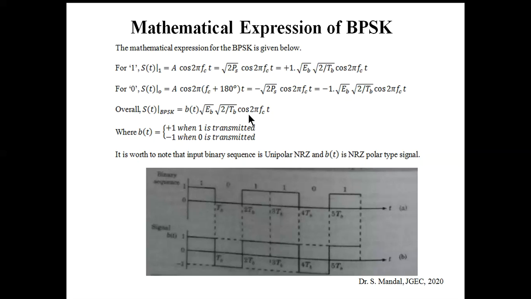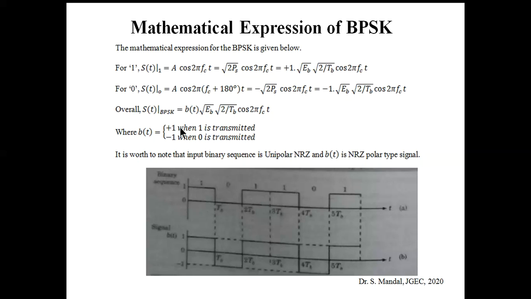So our initial objective to draw the signal space diagram is to identify phi 1(t), or it may be phi 2(t). That means we need to identify some orthonormal real valued functions. Like for FSK, we have already observed there are two real valued functions: cos 2 pi fcHt and cos 2 pi fcLt.